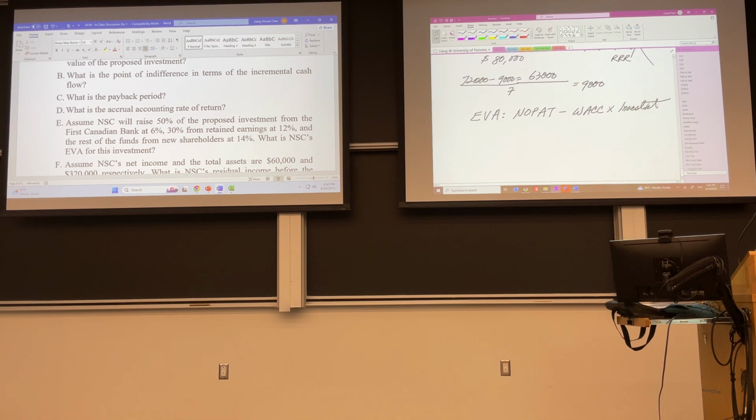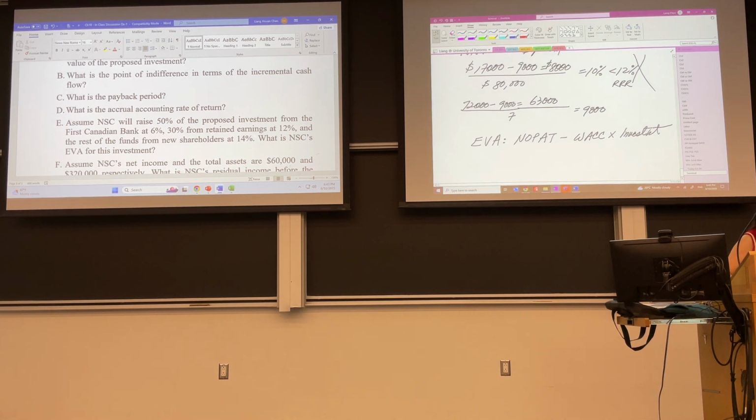Okay, so net operating profit after tax. This is the operating profit. You have the additional revenue, additional expenses, and additional depreciation expense. Okay, I'm going to write it down for you. 17,000 minus 9,000 equals 8,000.